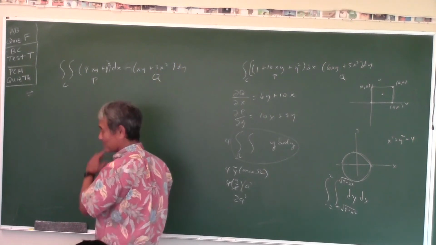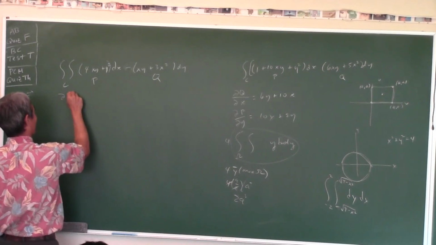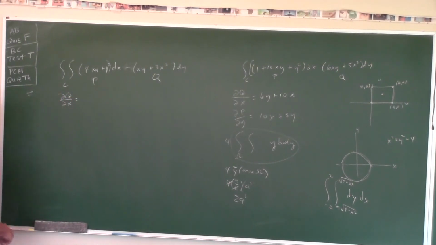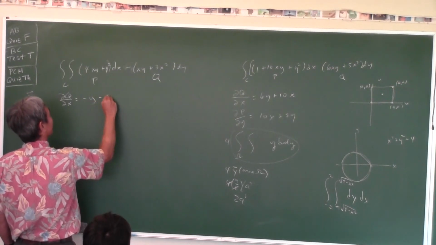That's q. So what you do first, just like the last problem, is compute the partial of q with respect to x. What's the partial of q with respect to x? And look at that minus sign there, it's kind of important. Negative y minus 6x.